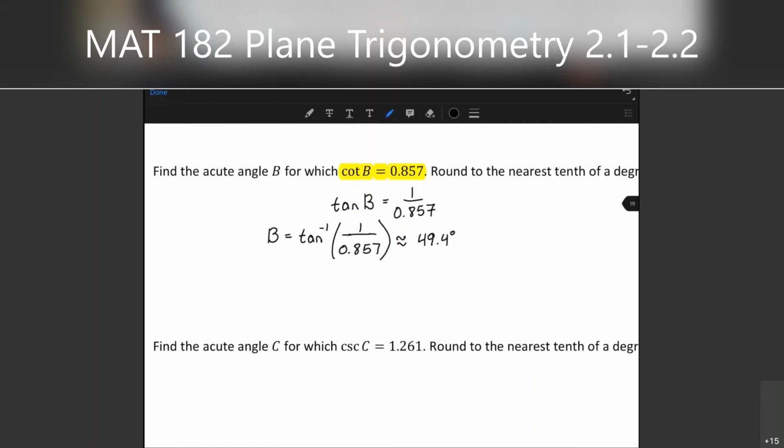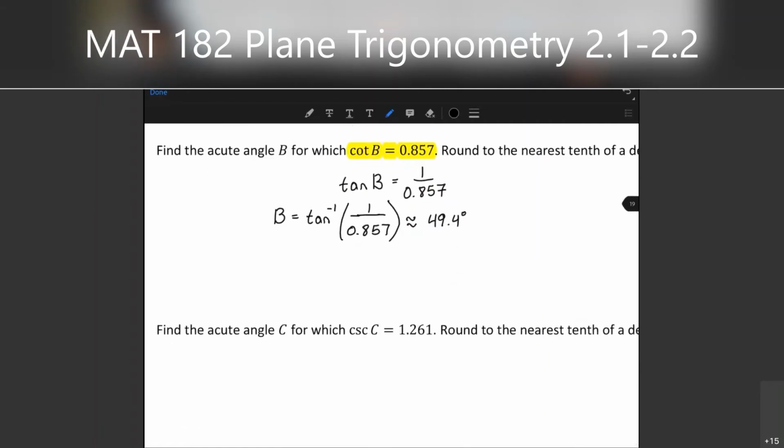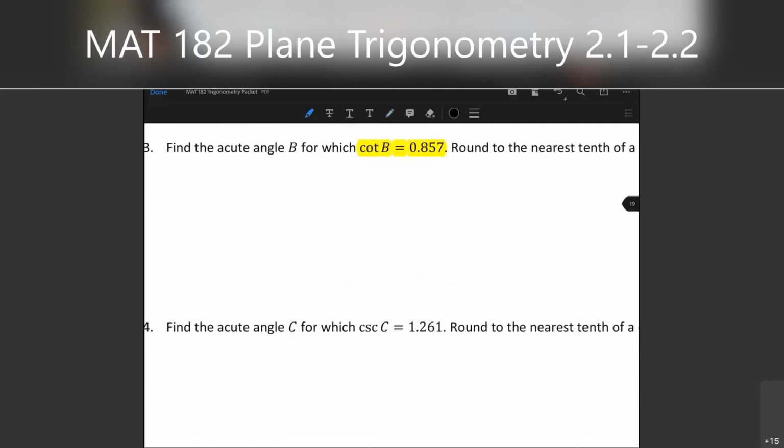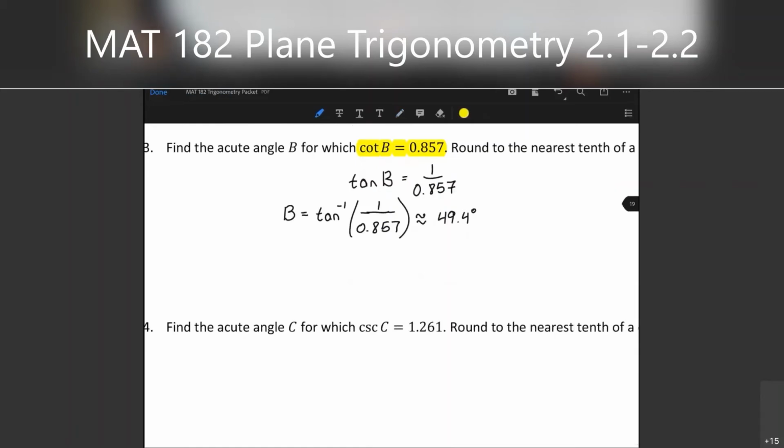To give you guys a minute to do the last one, number 4, using the cosecant of C. If you'd like to drop your answer for this one in the private chat, that would be great. Give you guys a few minutes to find angle of C.